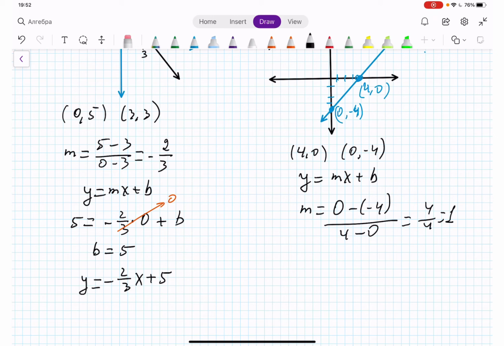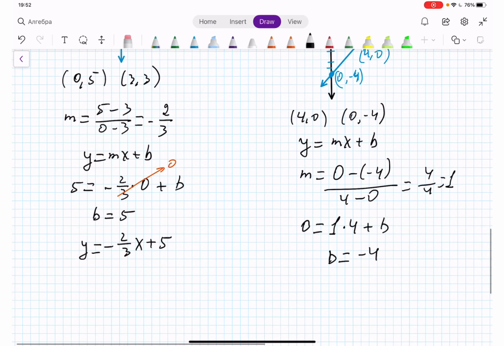Next, I need to find b. To find b, I'm taking, let's say, the first point. Y is equal to 0, equal to m is 1 times x, and x is 4. Let me write down 1 times 4 and plus b. So b is equal to negative 4 from here. So y is equal to 1 times x, and minus 4. That's it.